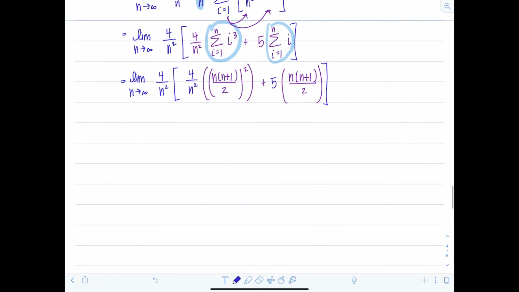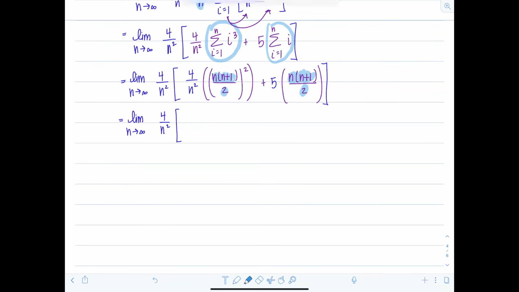So what do I notice here? We have the limit as n approaches infinity. Let's just leave this 4 over n squared here. I notice I can take out n times n plus 1 over 2 from each of these terms, right?